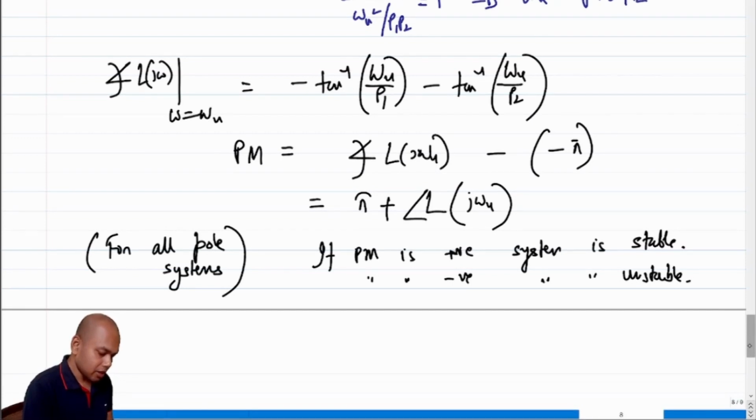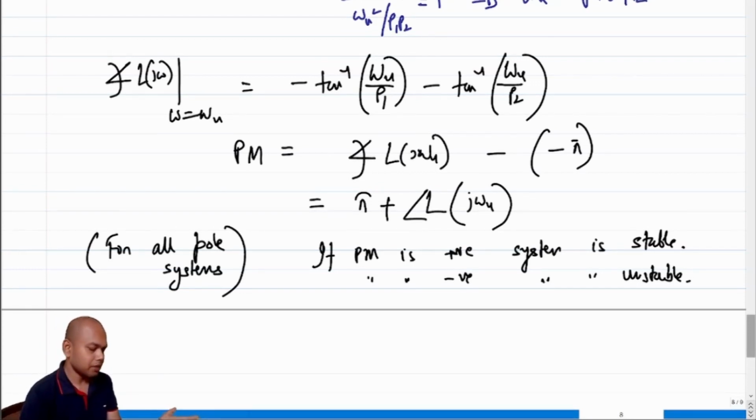To summarize, what did we do till now? We saw that a negative feedback system is susceptible to instability. We saw that using intuition, and the intuition was, if in the open loop case the return voltage is exactly equal in magnitude to the input voltage but 180 degree out of phase, then our system can become unstable.